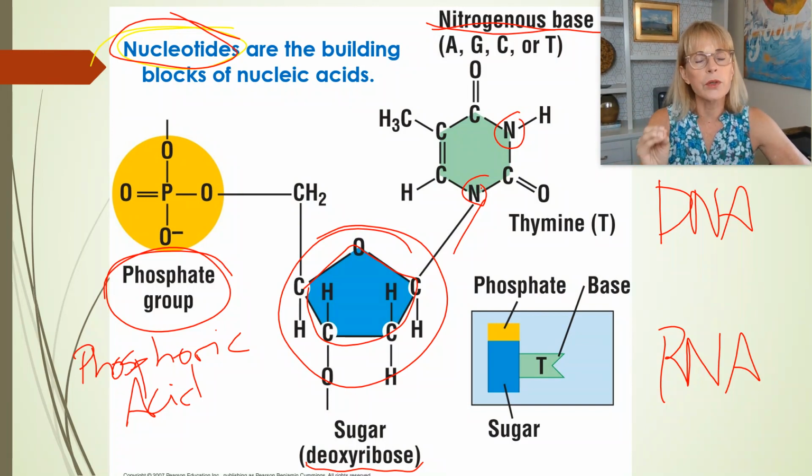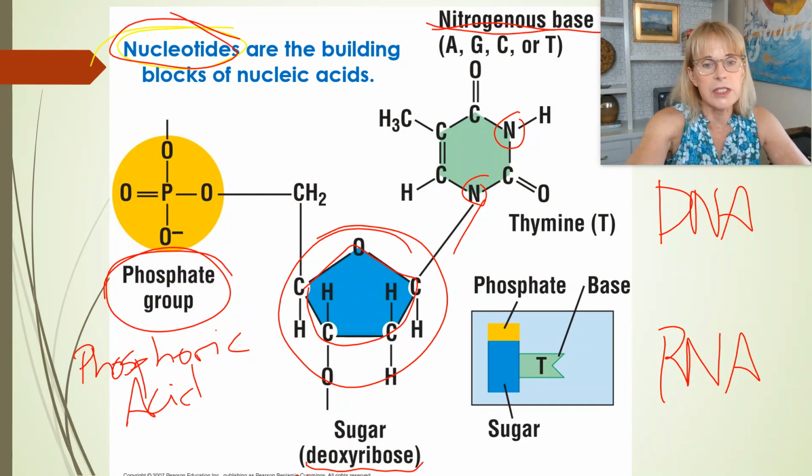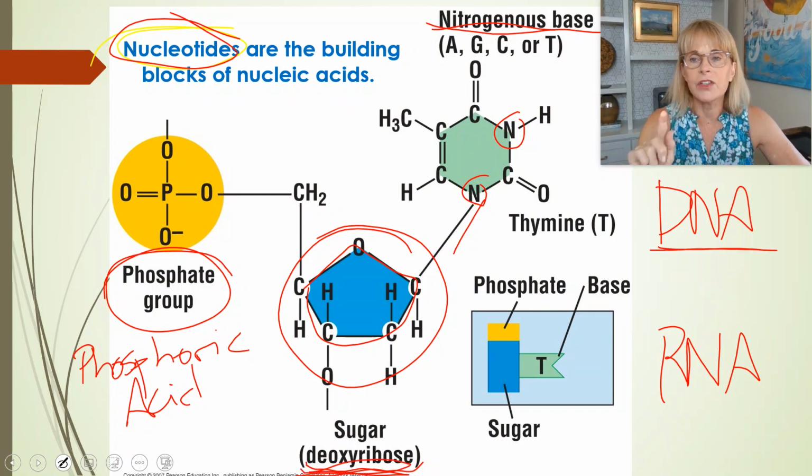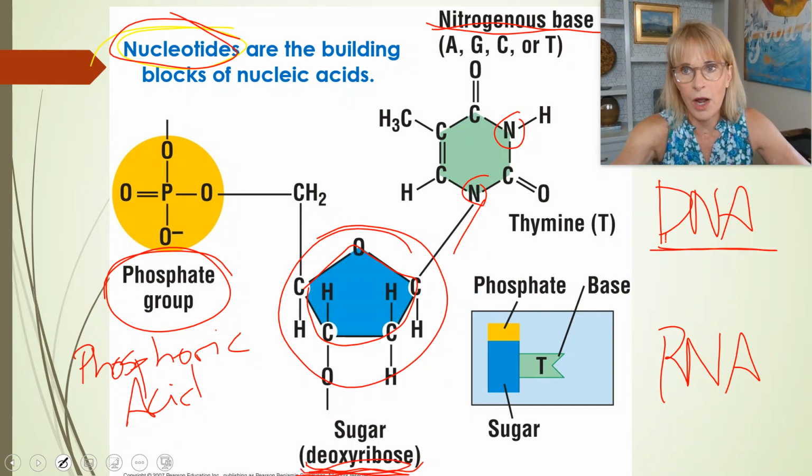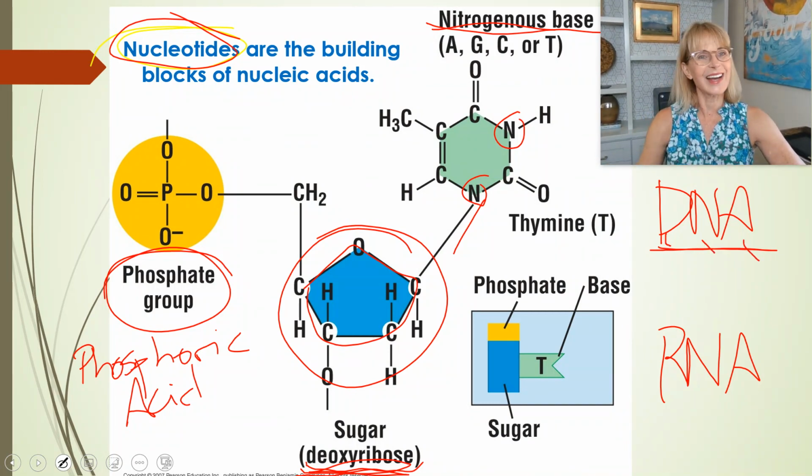The most important nucleic acids are DNA and RNA. Every nucleotide is made out of a phosphate, a sugar, and a base. The sugar for DNA is deoxyribose. DNA stands for deoxyribose nucleic acid, right?